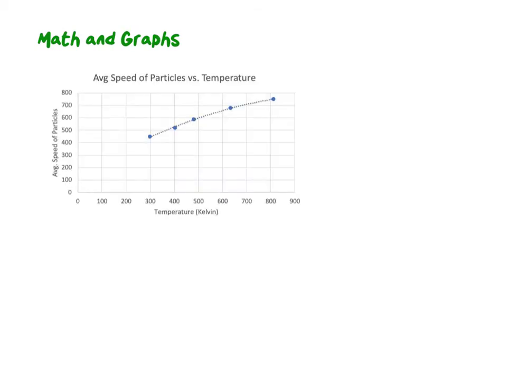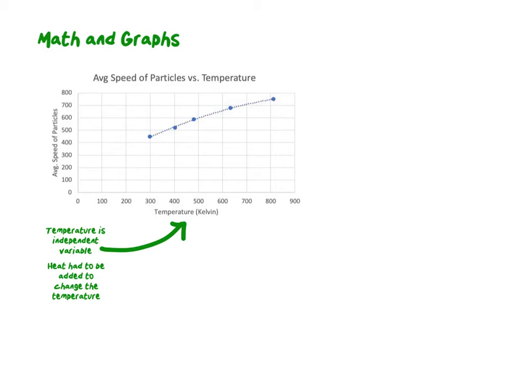So my first mathematical graph was to measure the relationship between the velocity of the particles and the temperature of the gas. Now, I was using temperature as an independent variable, so I knew that it couldn't be adjusted on its own. In other words, I have to add heat to make the temperature go up. And when that happened, I noticed the particles moving faster.